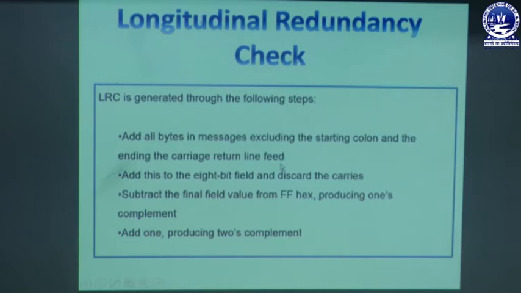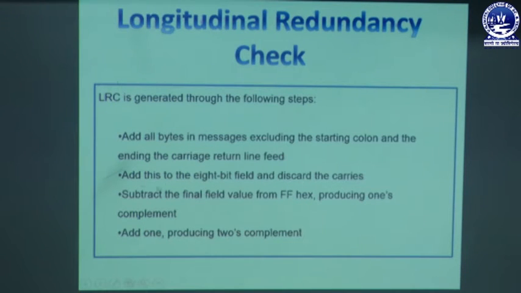Whenever we have to generate the LRC, we have to add all the bytes of the message, excluding the starting colon. That means whenever we start a message, we add a colon at the start of the message. At that time we have to eliminate the starting colon and the carriage return at the end of the data, and add all the bytes in the message.